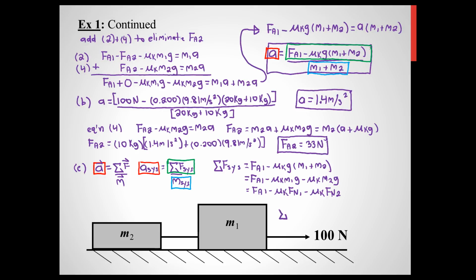So the net force on the system as a whole would be FA1, subtract the force of friction on 1, subtract the force of friction on 2. So the reason the system is accelerating is because this applied force is larger in magnitude than the two opposing friction forces acting on M1 and M2.